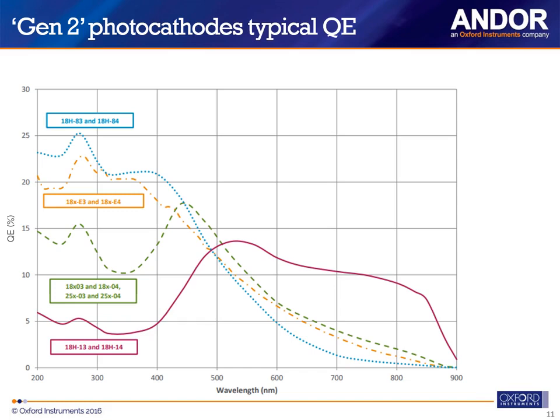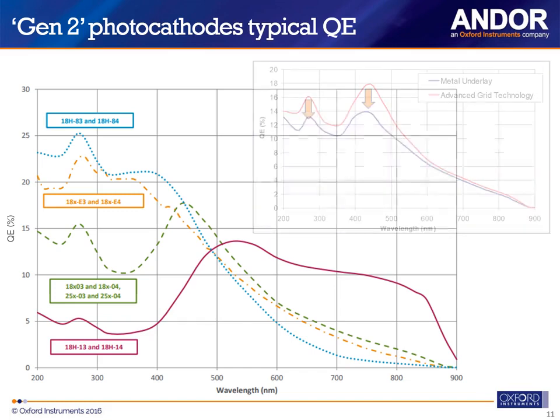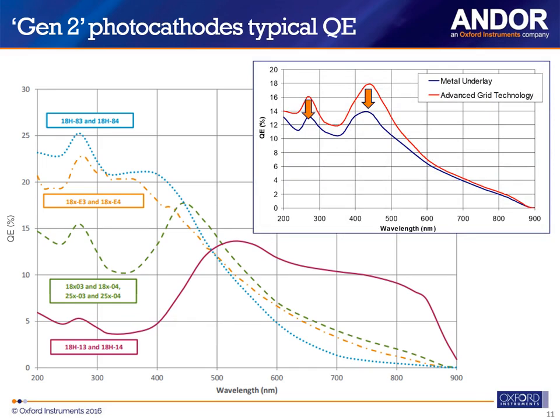Just to illustrate the impact of the underlay we discussed for generation 2 to be able to do fast gating. Here is an example of what you would call a full underlay, which is the blue line, which would be a fully coated photocathode, and a grid underlay, which leaves gaps between the different elements of the underlay to balance the ability to fast gate the photocathode, as well as not absorbing too many photons and reducing the quantum efficiency of the photocathode.